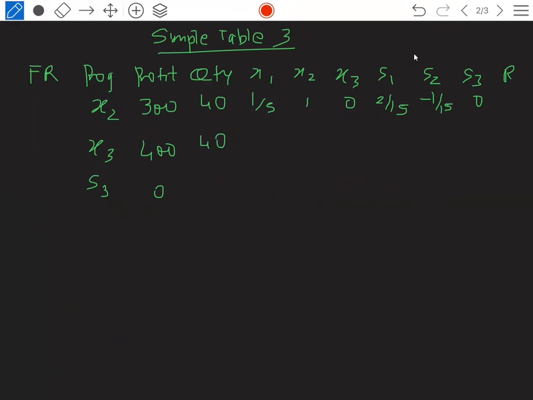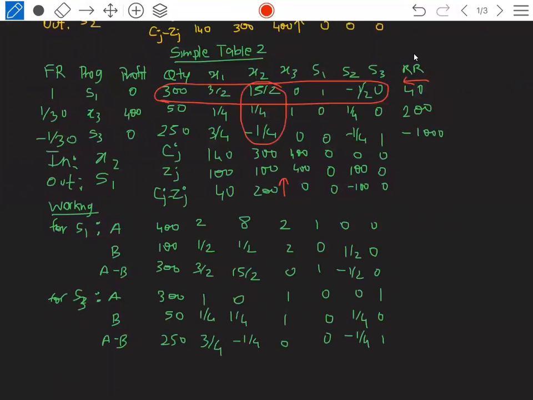You should be getting these values: 40, 1 by 5, 0, 1. S1 will be over here 0 minus 1 by 30.